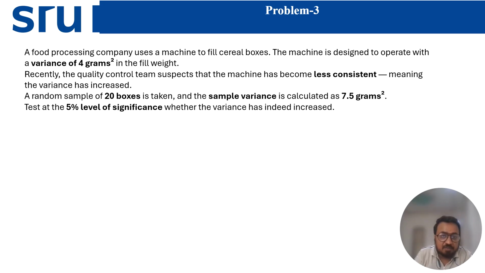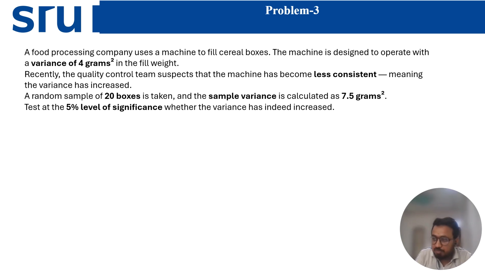Recently, the quality control suspects that the machine has become less consistent, meaning the variance has increased. A random sample of 20 boxes is taken and the sample variance is calculated at 7.5 grams. Test at the 5% level of significance whether the variance has indeed increased or not.